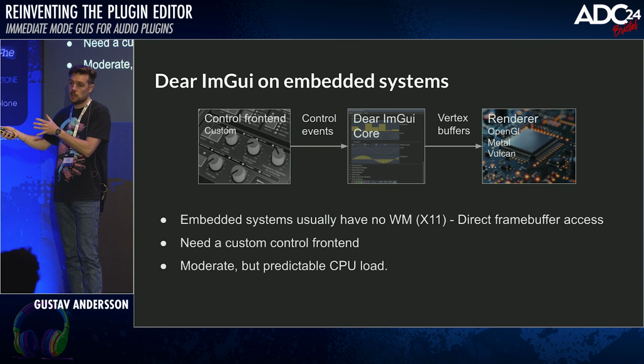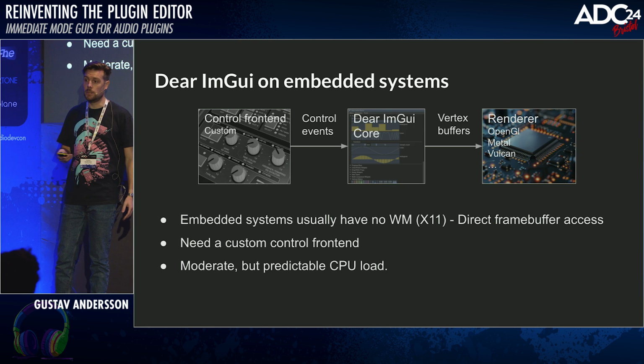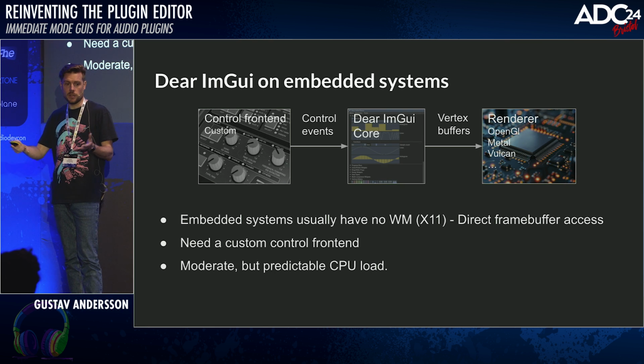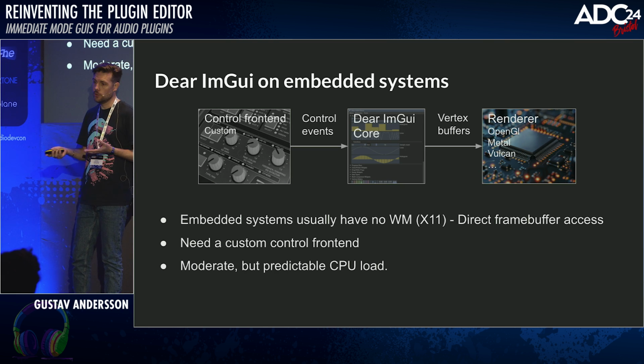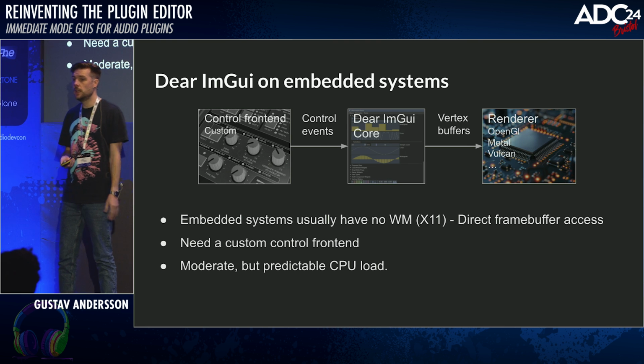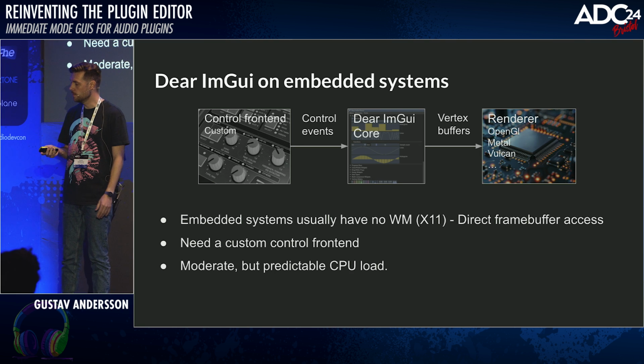But with this three-part architecture, it's really only the front-end part that depends on the window manager. And if you have a device like a synthesizer that has buttons and knobs instead, you probably need to rewrite that part anyway, because you're not controlling with a mouse and keyboard. But the other two parts should really be quite easy to integrate. And we've experimented a bit with this, and it's looking promising.